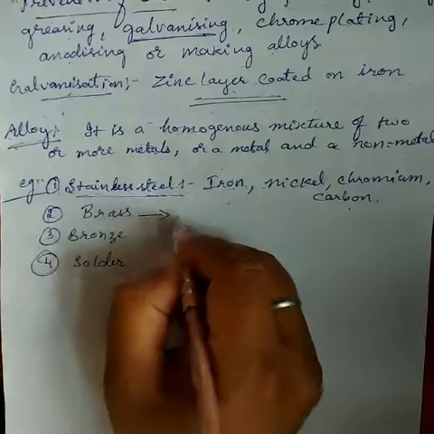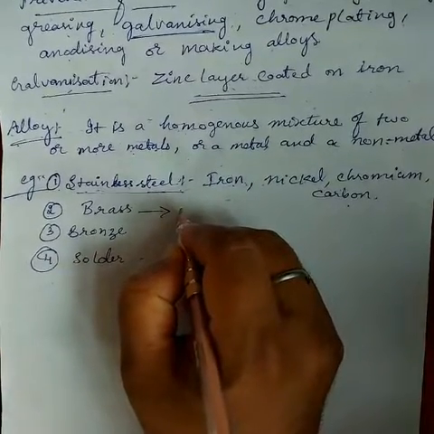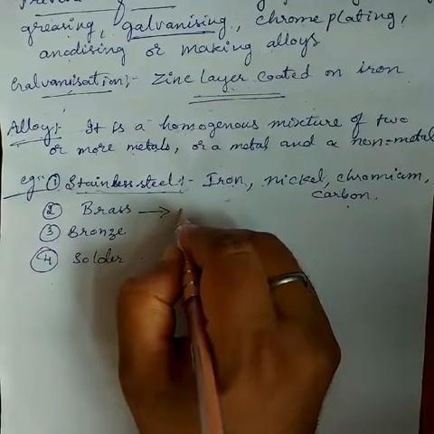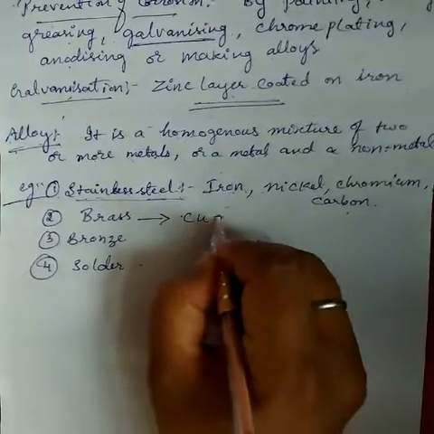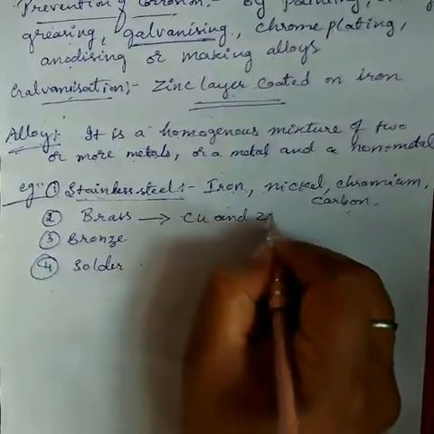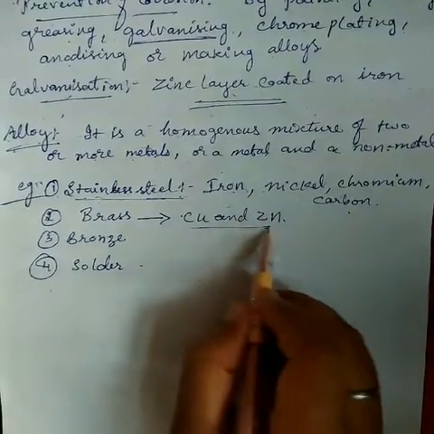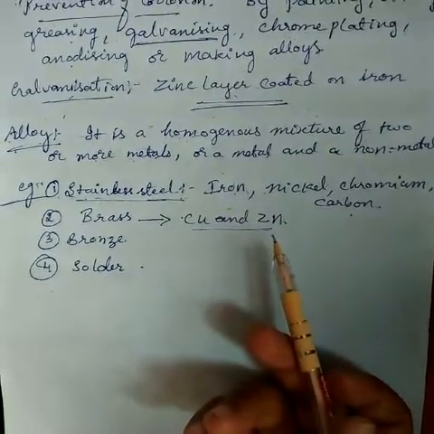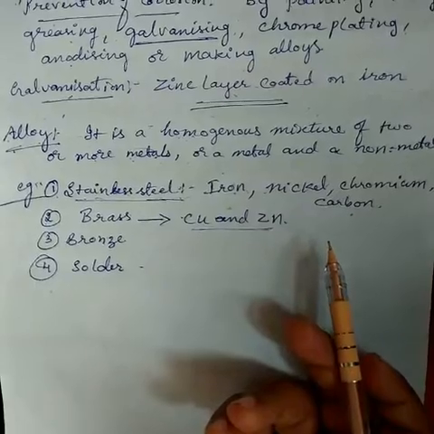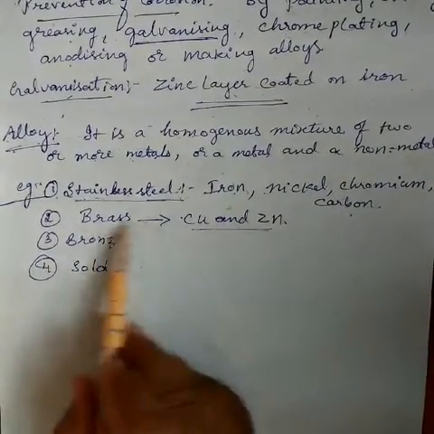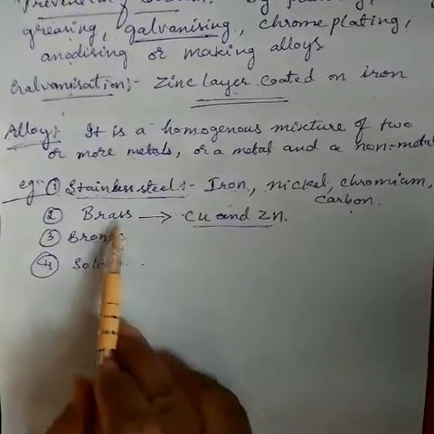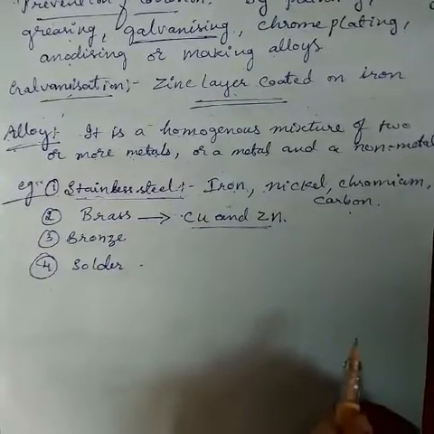Then brass: what is used to make brass is copper and zinc. Copper and zinc make brass, which we generally use to make statues, models, and bells. That is the use of brass, and you write down the uses also.